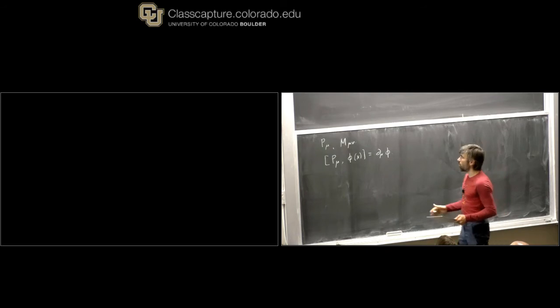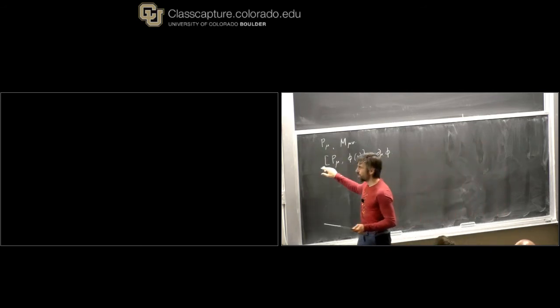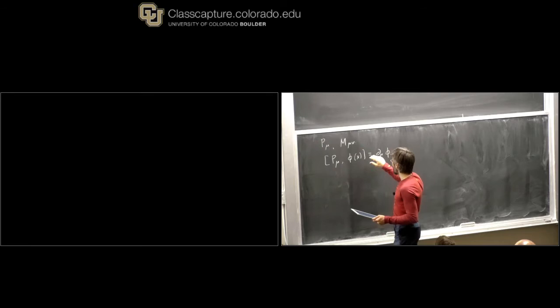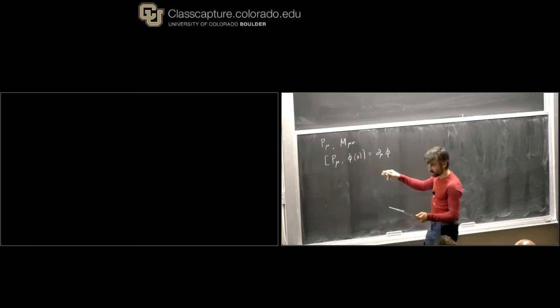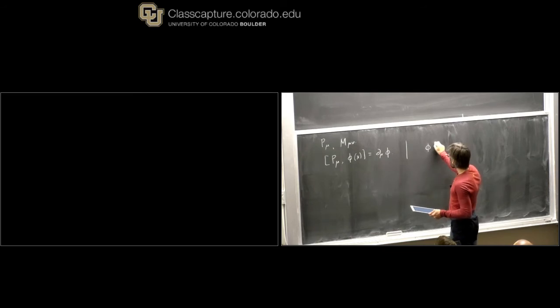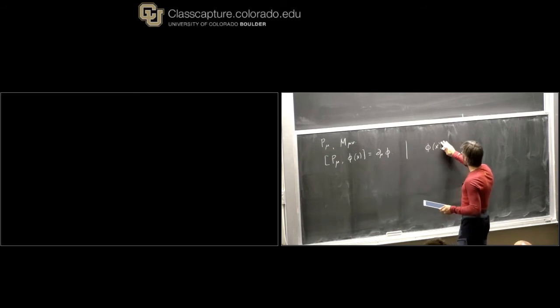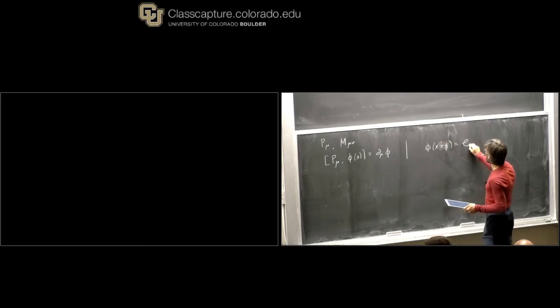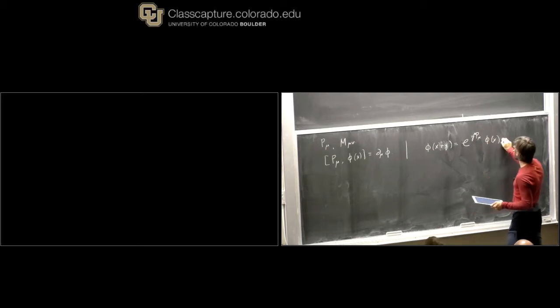Until now, P mu was just some sort of machine which was making local operators out of local operators, but now it really becomes a generator acting on a Hilbert space, which is nice. And so by integrating this relation, you get phi of x plus y equals e to the i y mu P mu phi of x e to the minus i y mu P mu.